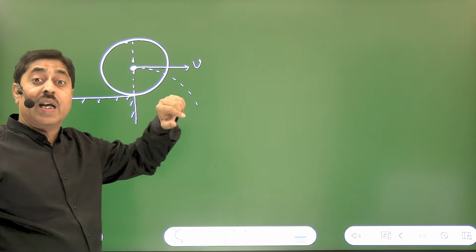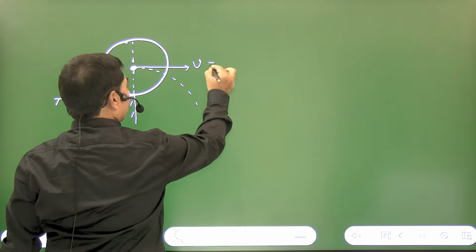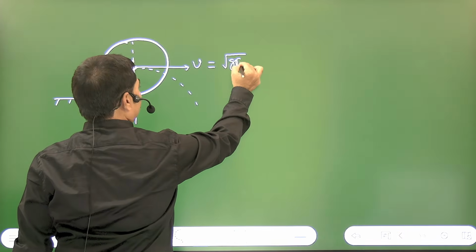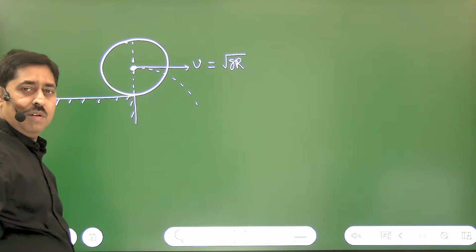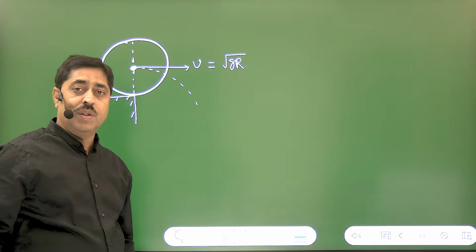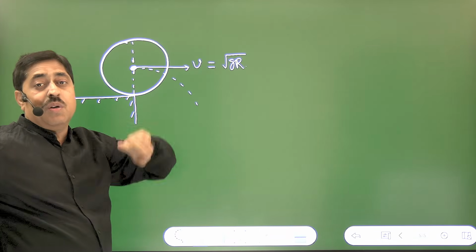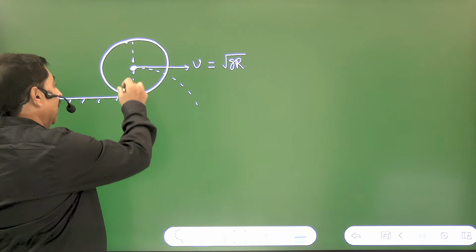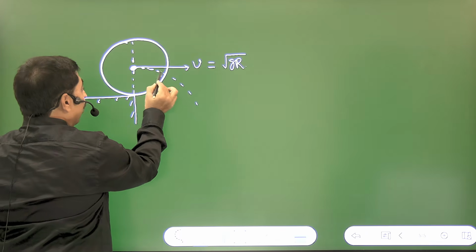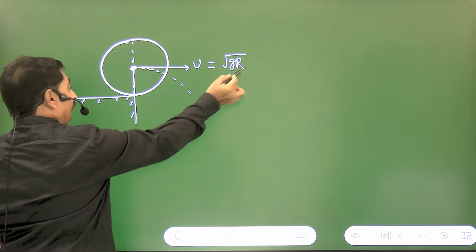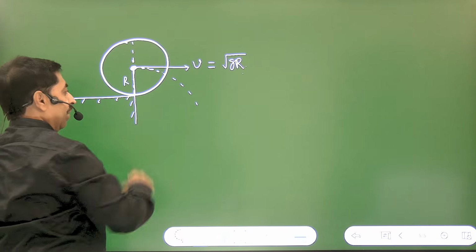If this speed were exactly equal to under root gr, what will happen? Can you think of? If this speed is exactly equal to under root gr, then this center will move in a circle of radius r, meaning the radius of the cylinder.